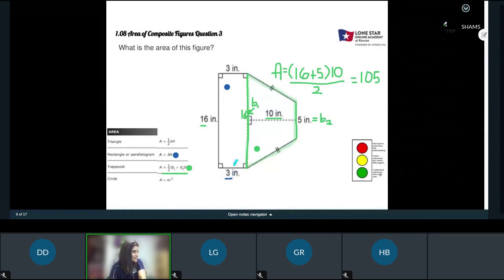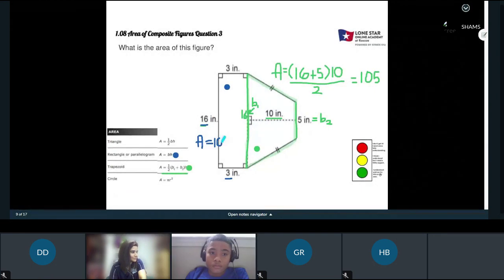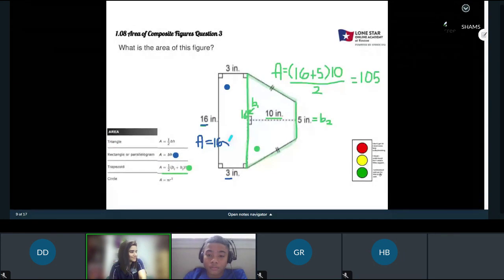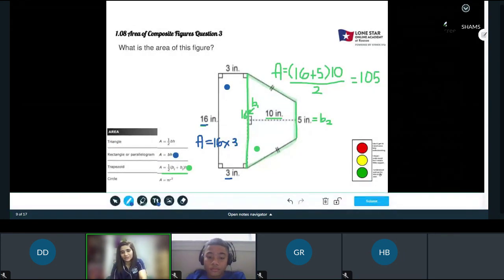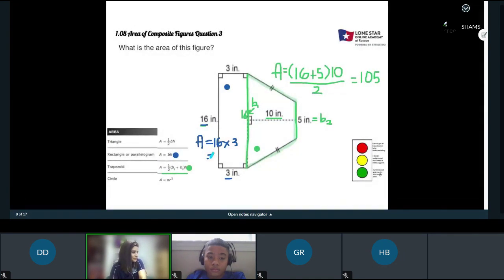Base is 3, height is 16, and you will multiply 16 times 3. Area will be 48. And then you can add the two areas to find the total.